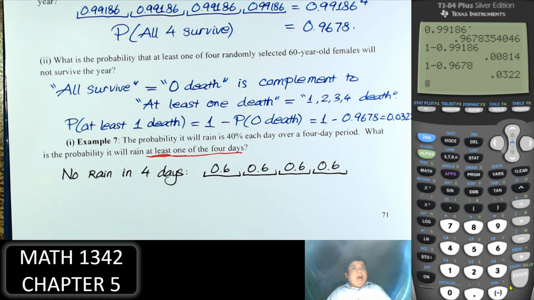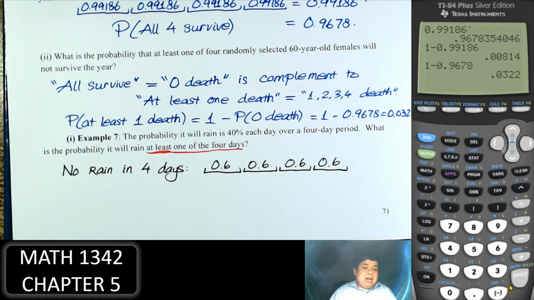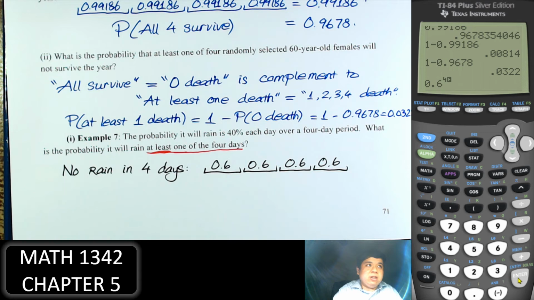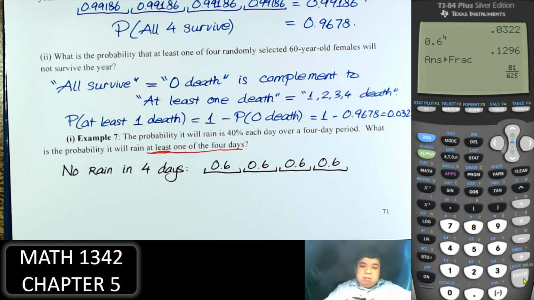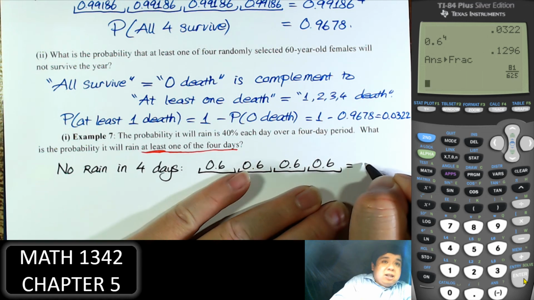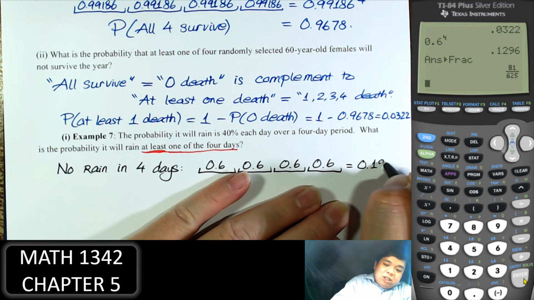We have not raining in 4 days, so we multiply 0.6 times 0.6 four times, or to the 4th power. Can we put it in a fraction? Yes, but let's just give it as 0.1296.